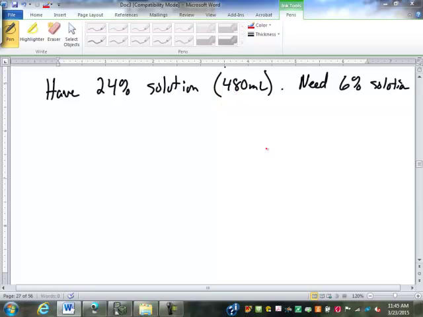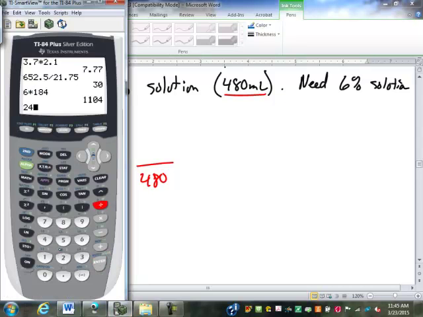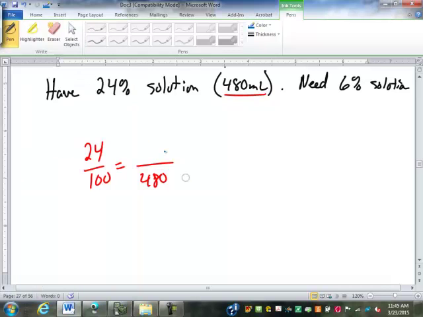Let's start out with the 480 milliliters of the 24% solution. Well, 24% of 480 is going to give us 24 times 480 divided by 100. Oops, that's not right. 115.2 milliliters of the concentrate, of whatever that medication is.